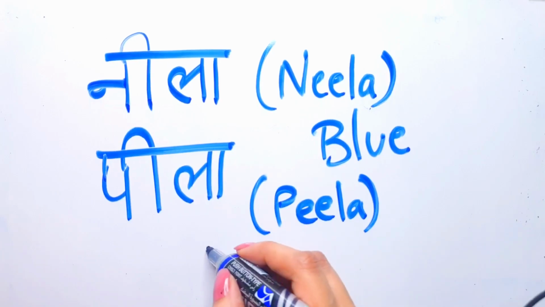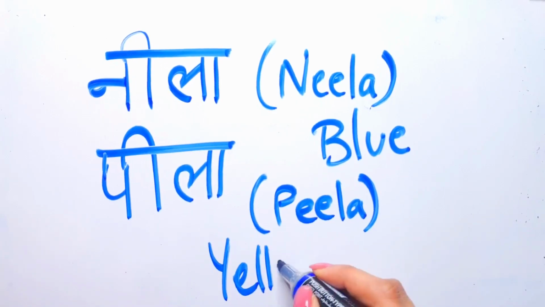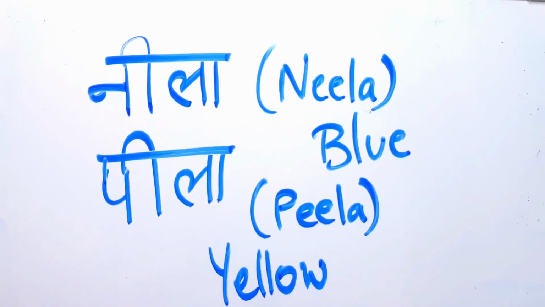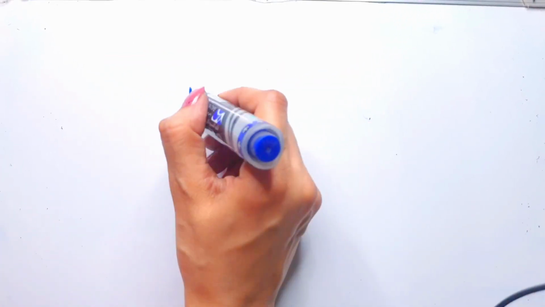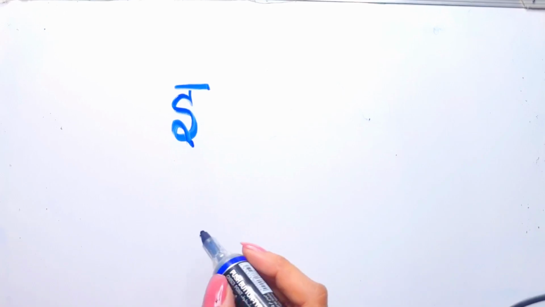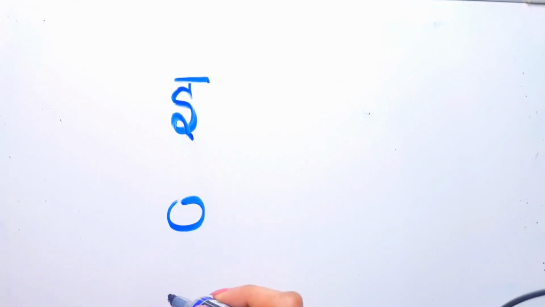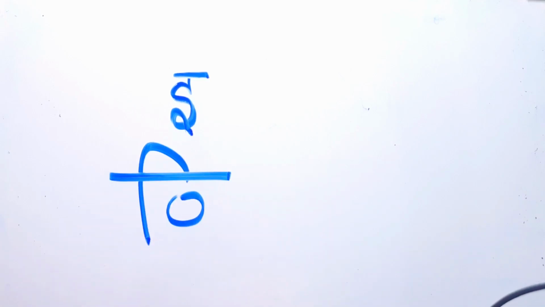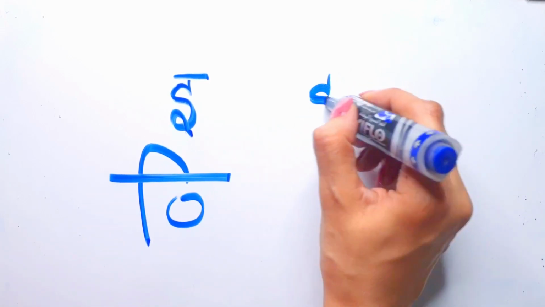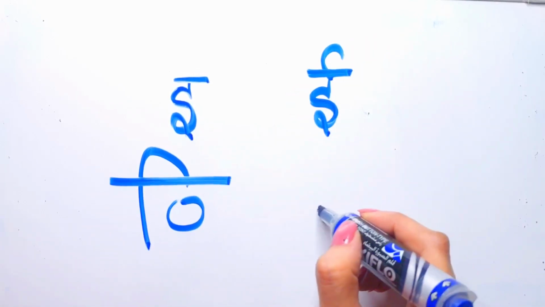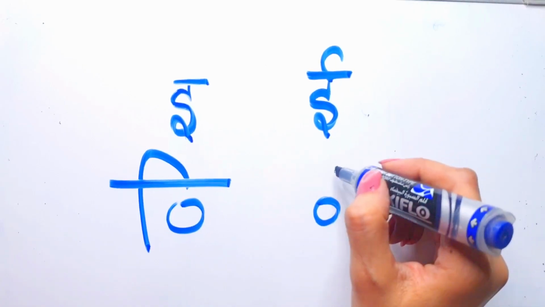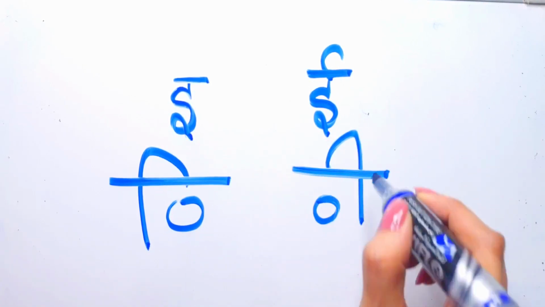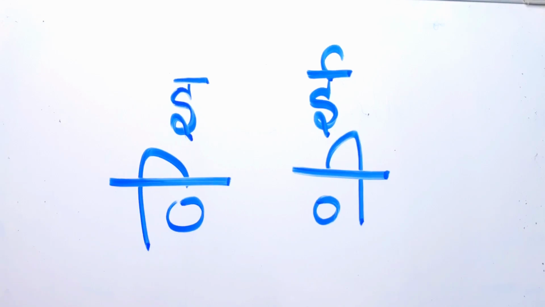And peela means yellow. So once again, for choti e, if this is the consonant, the matra will be like this. And for badi e, if this is the consonant, the matra will be like this.